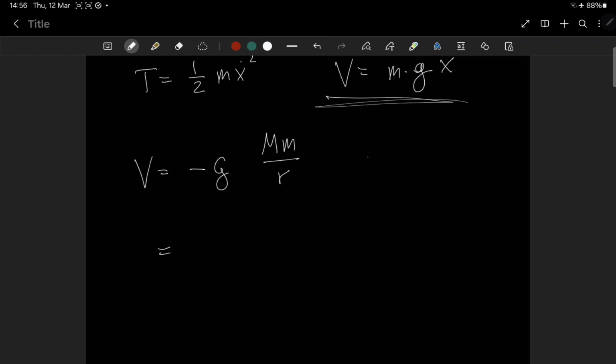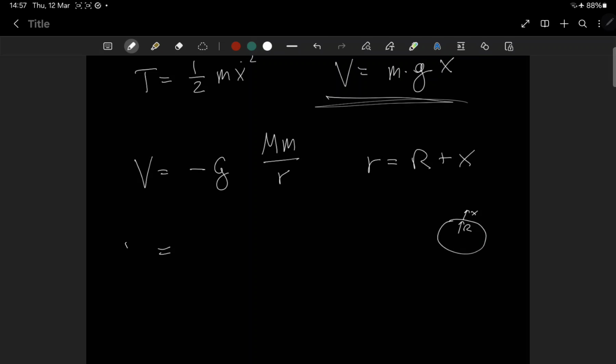So we can write small r as capital R plus x. What do I mean by that? Basically, if you have the Earth like this, then we have a distance capital R from the center of the Earth to the edge of the Earth, and then we have another x which stands for the height of the particle. The reason I do this is because capital R is a constant.